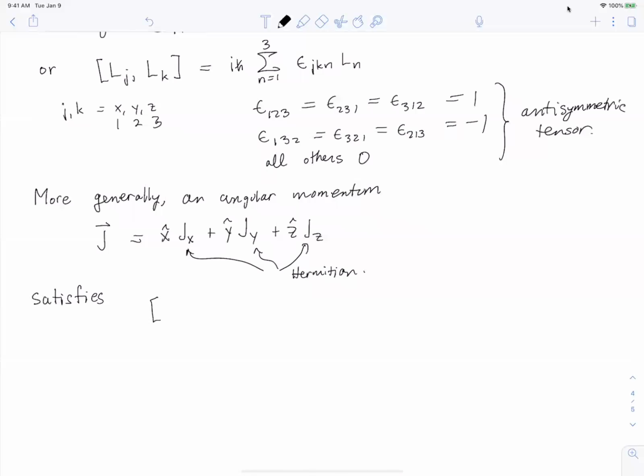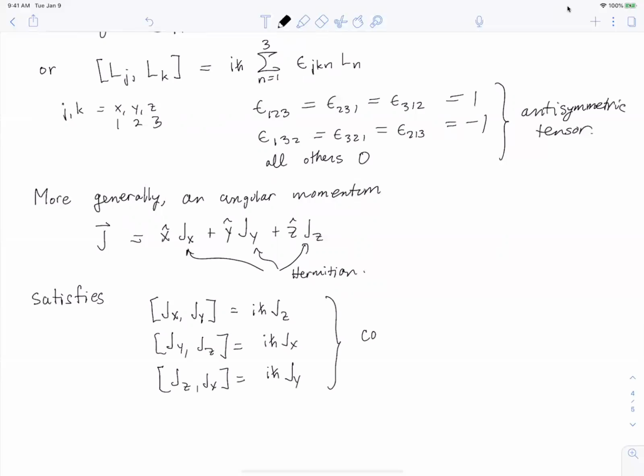I'm just going to write it as commutator Jx with Jy is equal to i h bar Jz. Jy with Jz is equal to i h bar Jx. And Jz with Jx is equal to i h bar Jy. So this is sometimes called the commutator algebra for angular momentum.